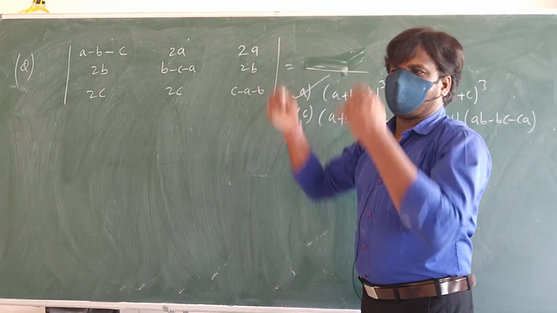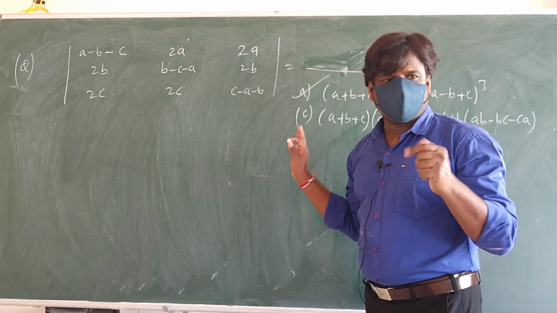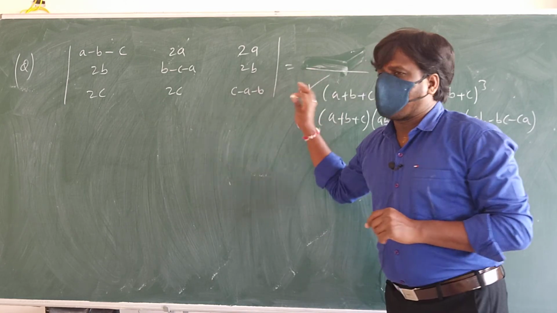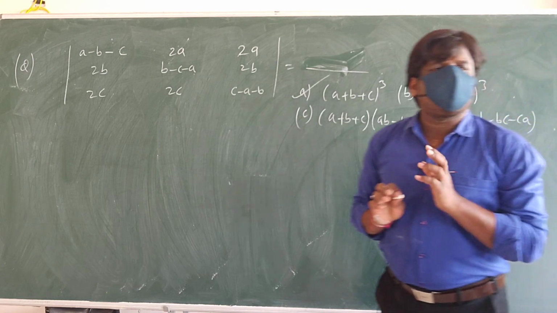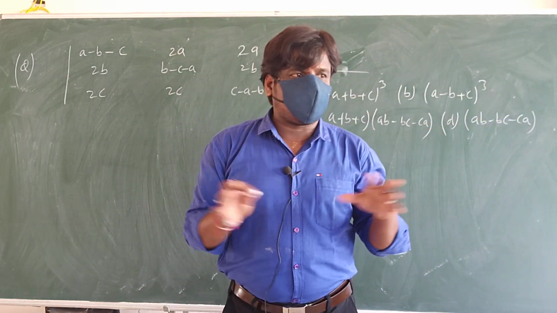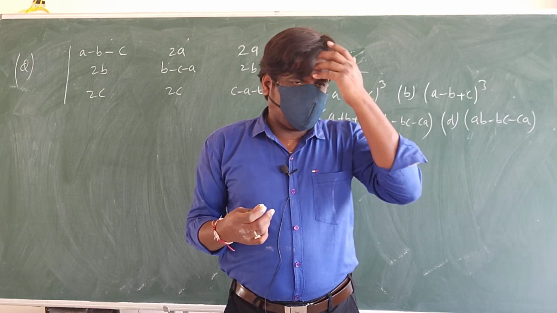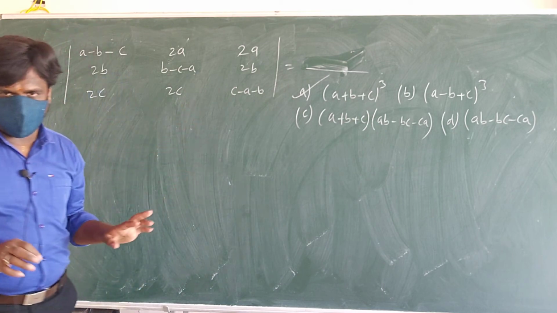What you have taken: A is equal to 1, B is equal to 2, C is equal to 3. That is the shortcut method. But if you are preparing for the boards in class 12, this type of previous questions are not going to be asked in the exam. So I explain the shortcut, but these questions are important for boards also.